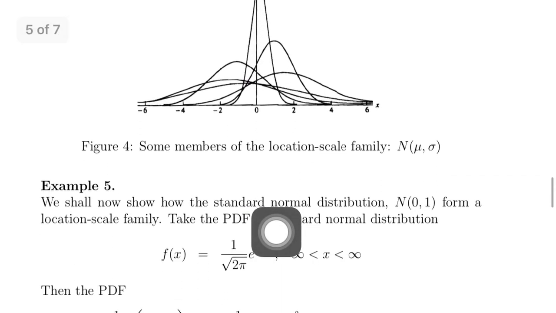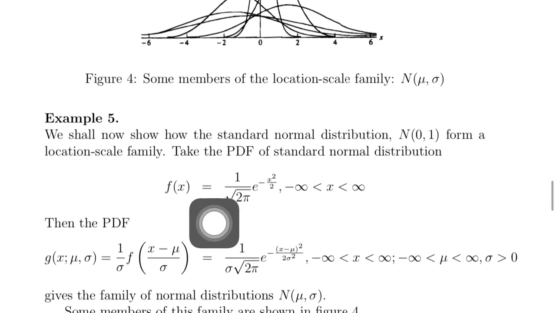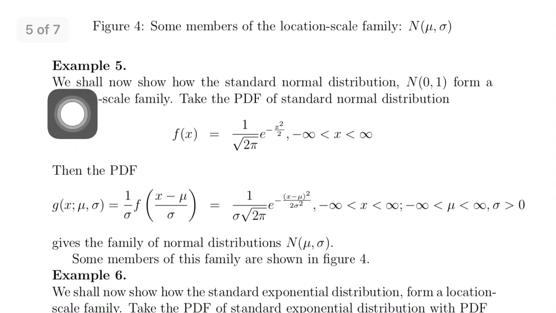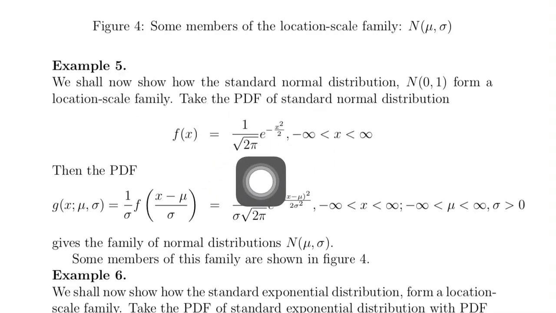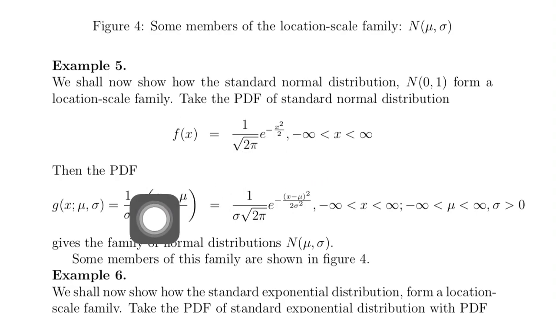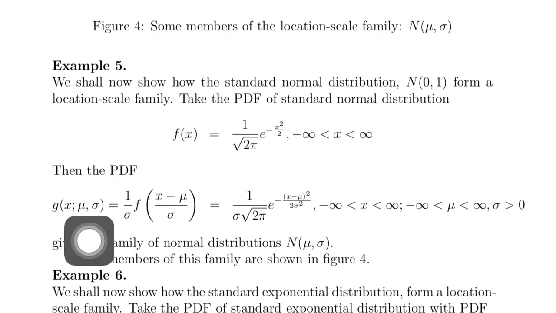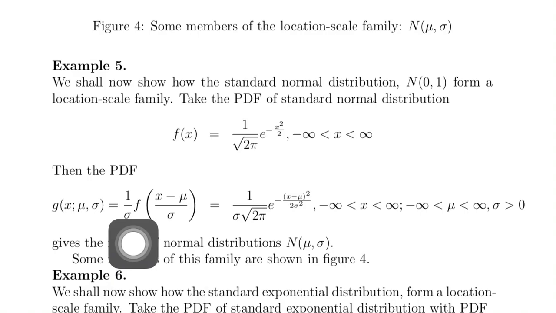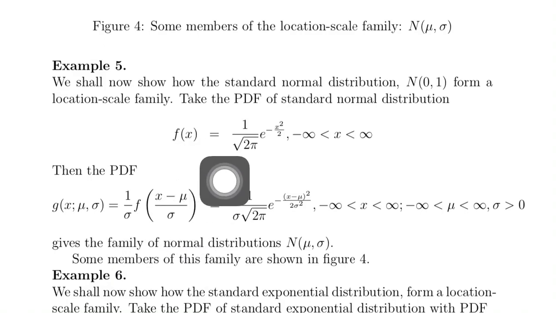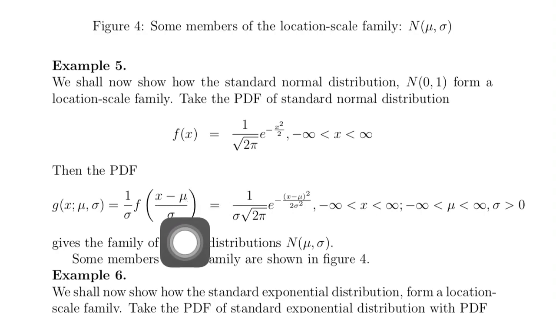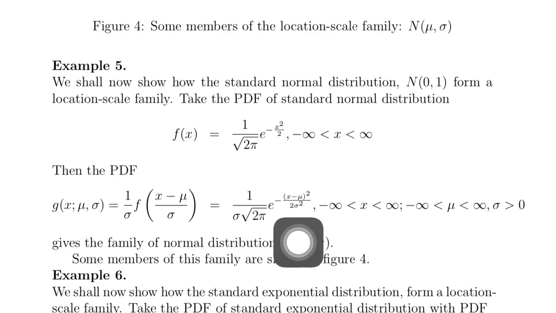You can have examples. Now we shall consider only one example now, and more examples we will discuss next. Example 5, we start with a standard PDF. Okay, and you define g of x mu sigma by pre-multiplying this function f of x by 1 by sigma and replacing x by x minus mu by sigma, that is 1 by sigma f of x minus mu by sigma, that is equal to this.